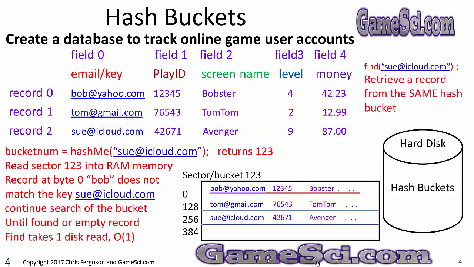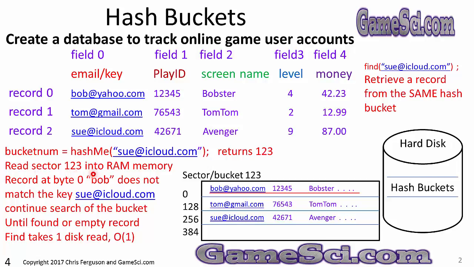That was the insert operation. Let's do a find. Find sue@icloud.com in our hash table. Let's retrieve a record from that same hash bucket. Well, my key is sue@icloud. I call hash me, and it returns the bucket number 123 and says you should find Sue in bucket 123.